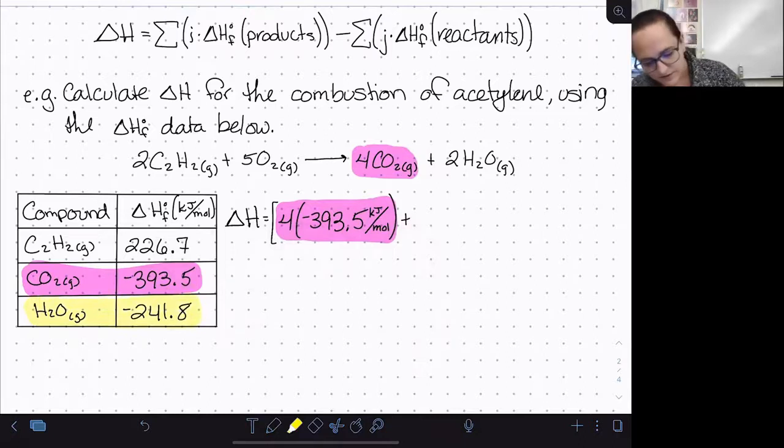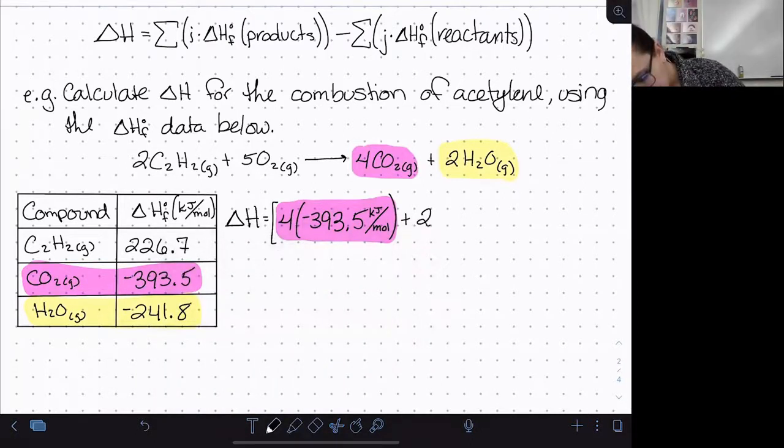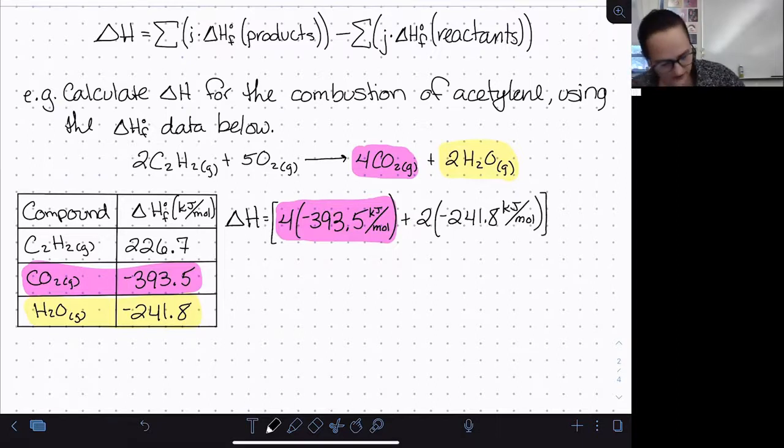So we're going to want to add to that. We have a coefficient of 2 in front of water. So we'll multiply our heat of formation by 2. And then that is going to take care of the product side of things.